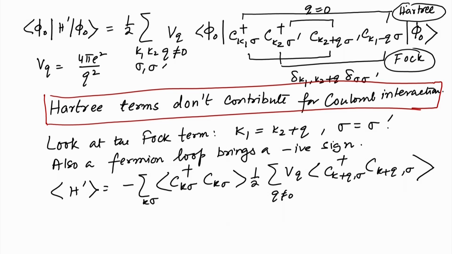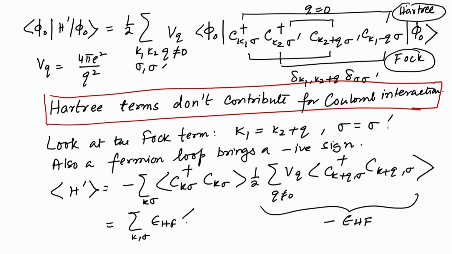Now, if we call this the minus Hartree Fock energy, so including the Hartree, because Hartree does not give any contribution, then we can write this term as the sum over k sigma of the Hartree Fock energy times C k sigma dagger C k sigma.